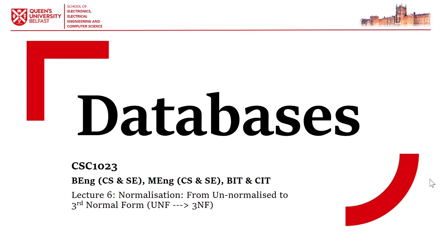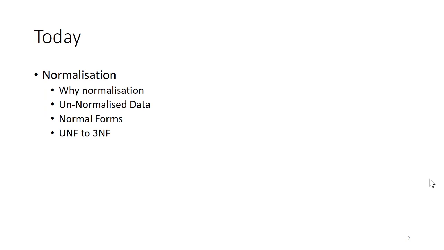Today we are going to look at the details of normalization from un-normalized form to third normal form. If you just recall, last session we looked at the concept of normalization and the main challenge of duplication and redundancy.